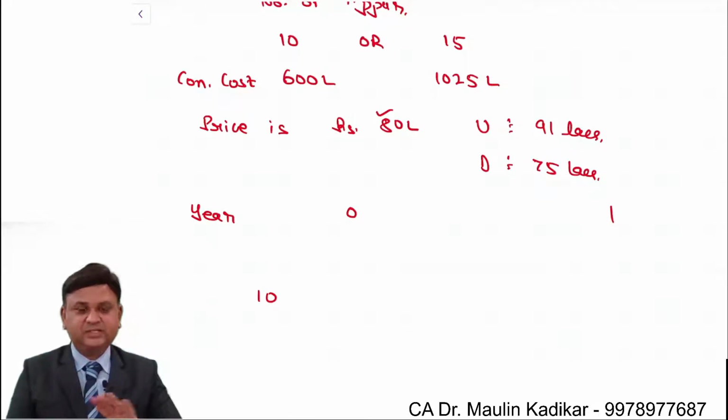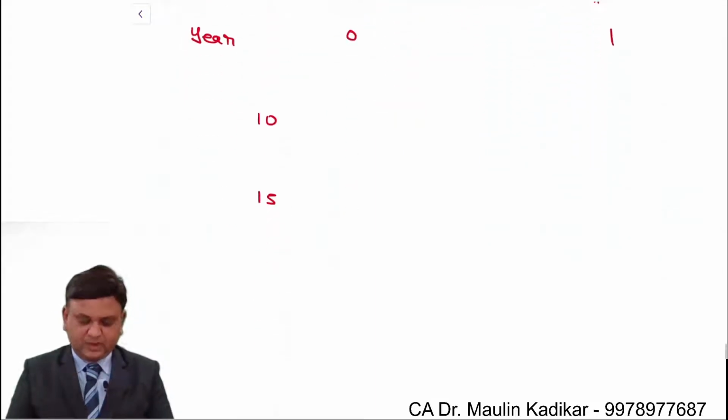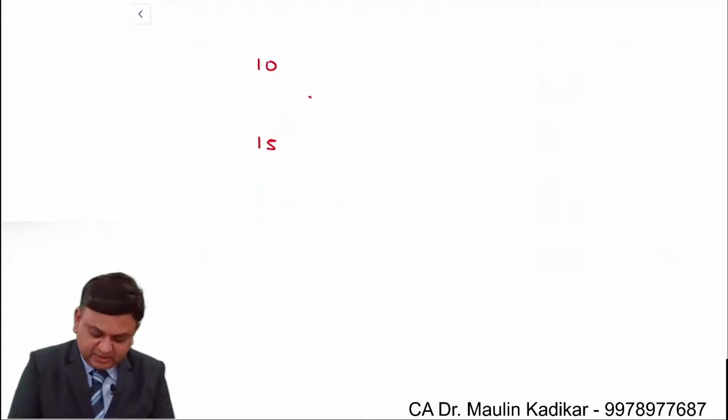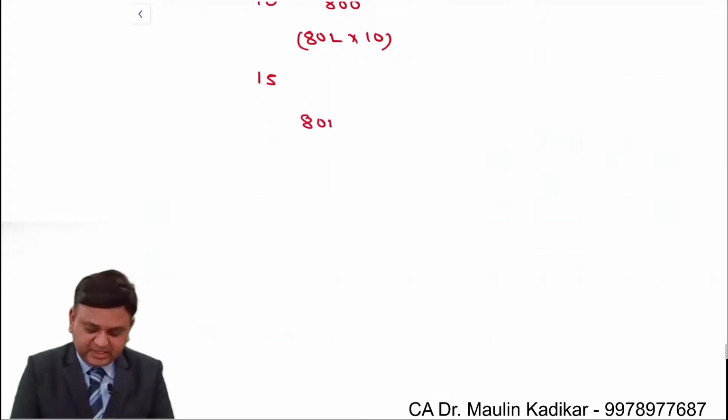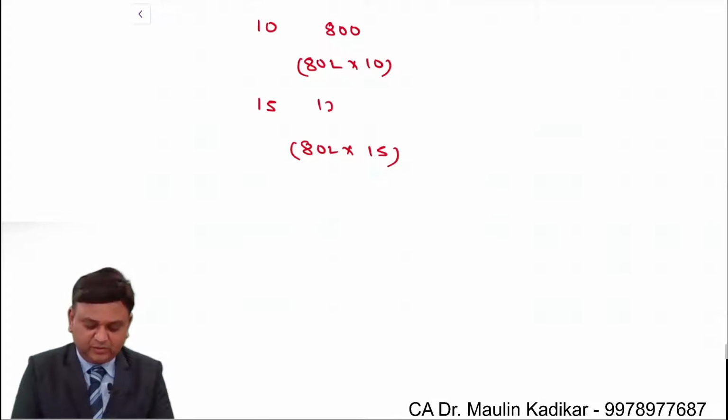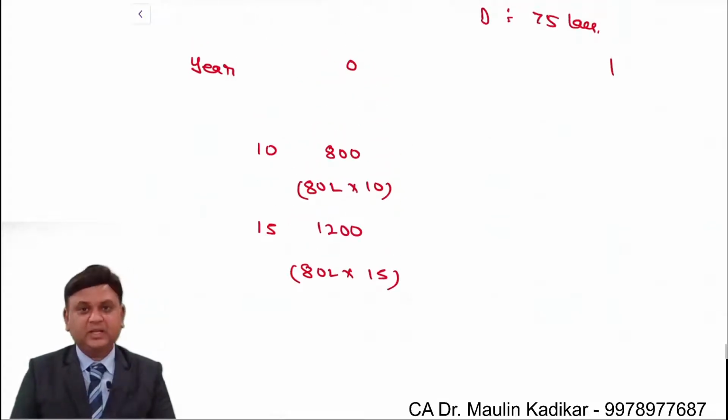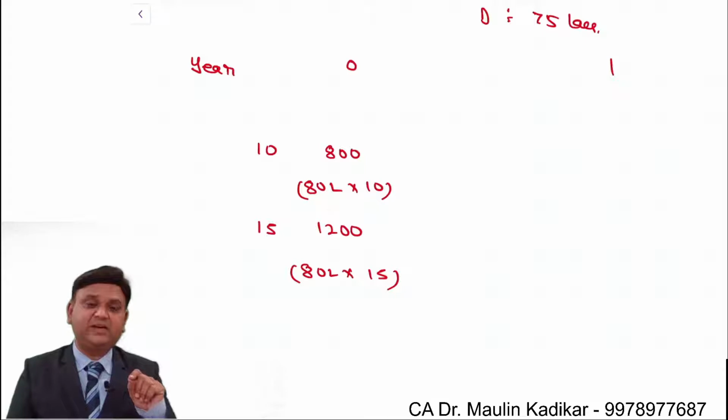Selling price today is 80 lakhs per unit. If we construct 10 units and sell them, 80 lakhs into 10 gives 800 lakhs, and in case of 15, 80 lakhs into 15 gives 1200 lakhs. This is the sale value.